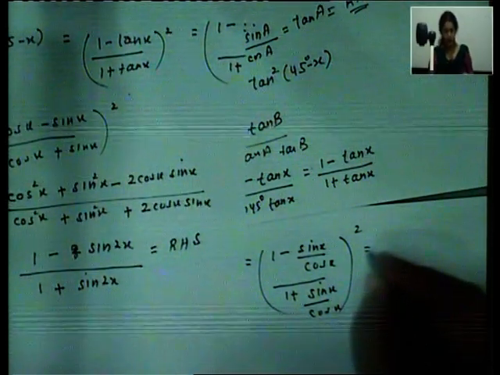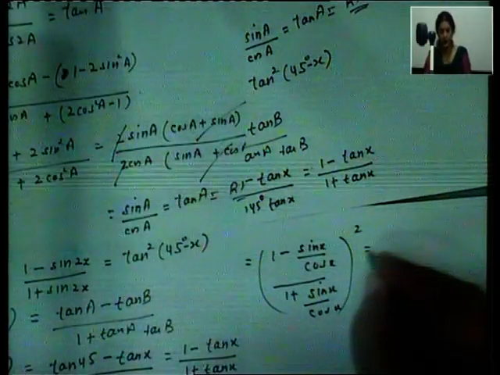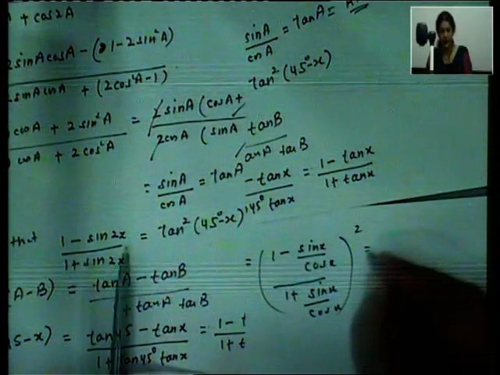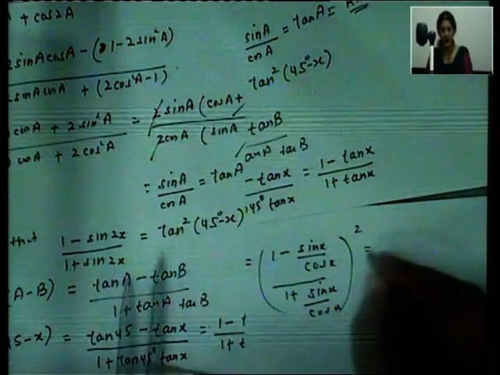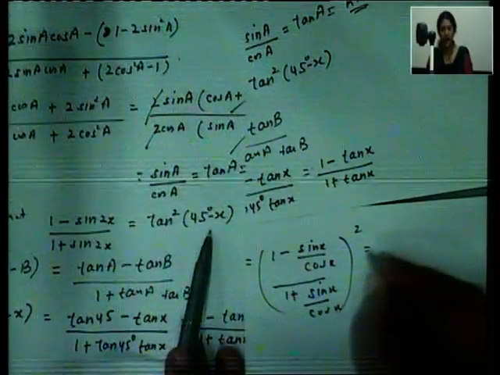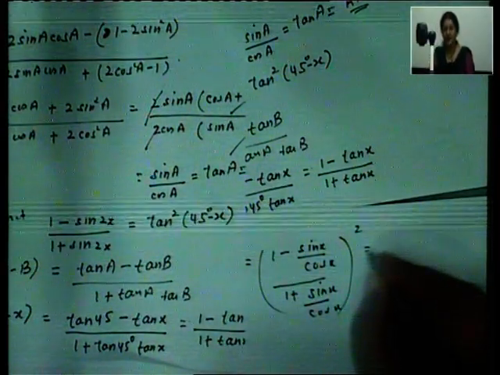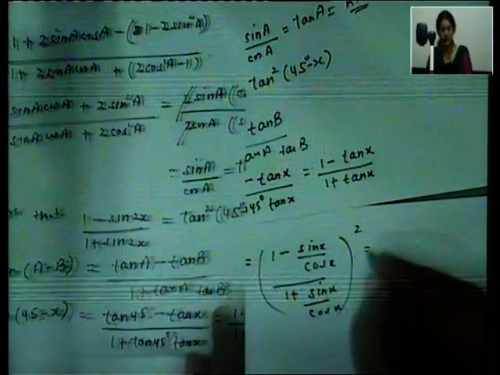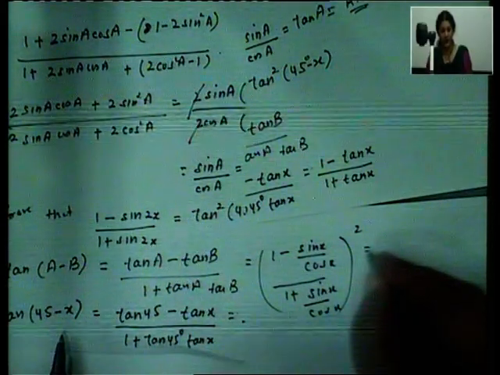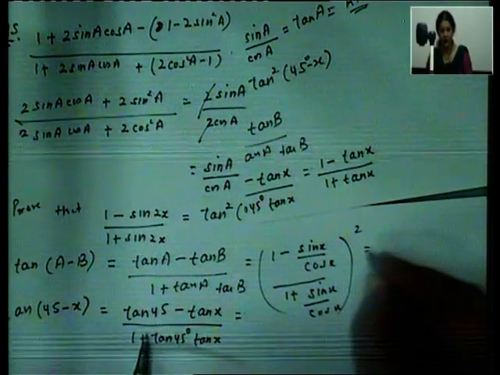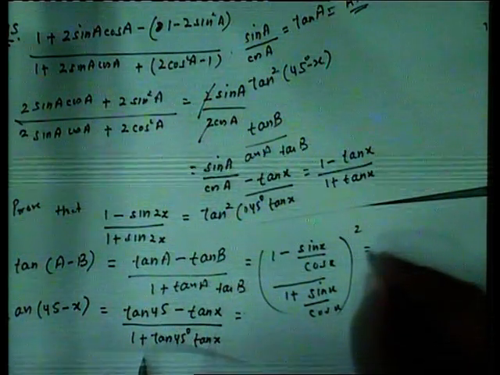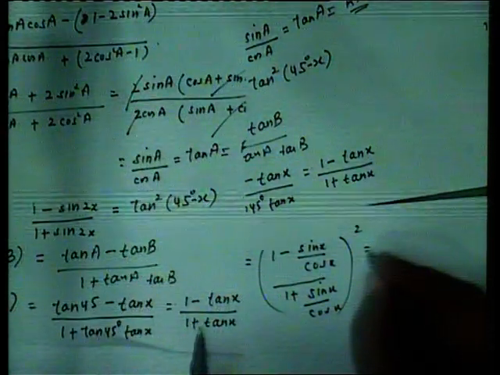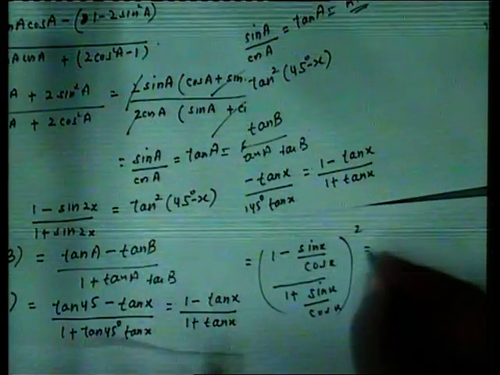So let's see. The original question was, I have to show that (1 minus sin 2x) upon (1 plus sin 2x) is equal to tan square of (45 minus x). What I have done, I have started with the right hand side. I have written the expression for tan (45 minus x), which is equal to (tan 45 minus tan x) upon (1 plus tan 45 tan x), which is equal to (1 minus tan x) upon (1 plus tan x).